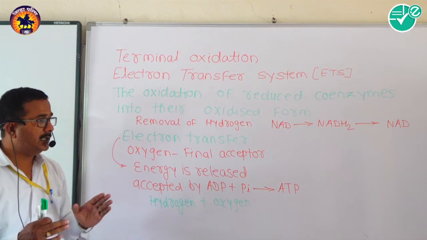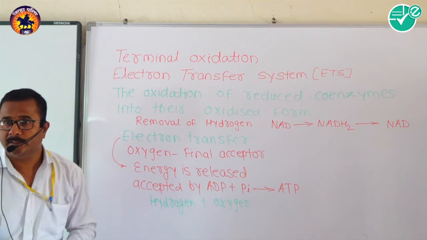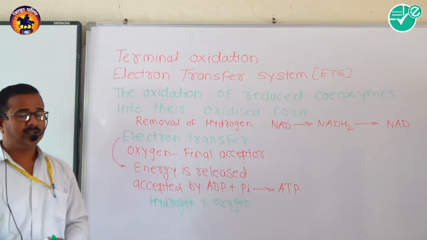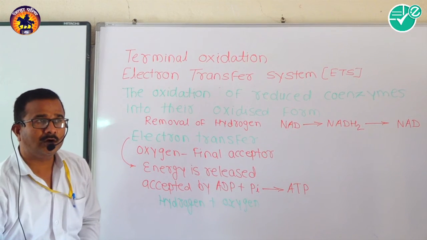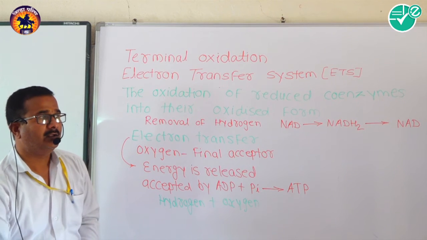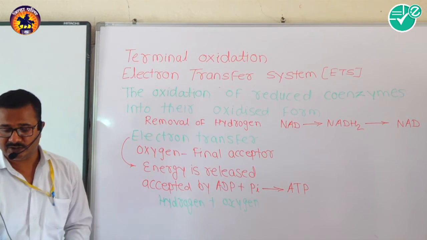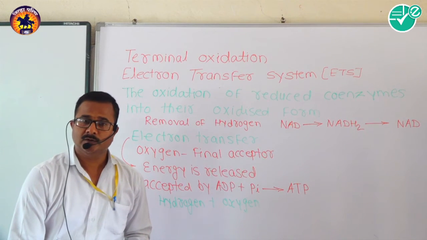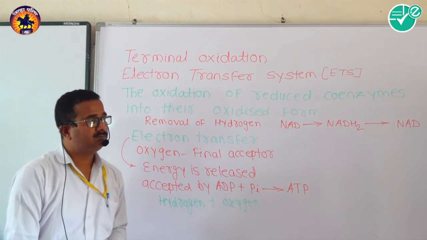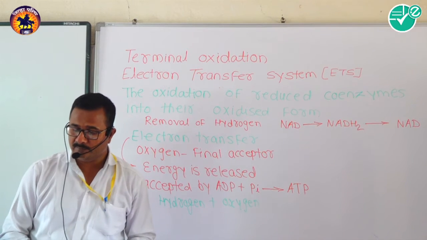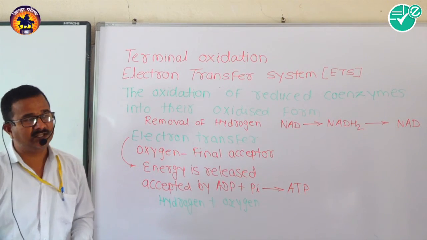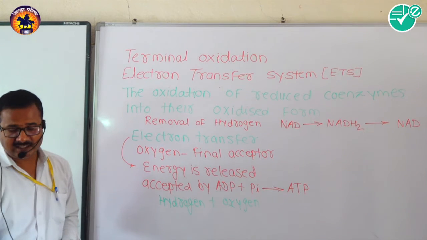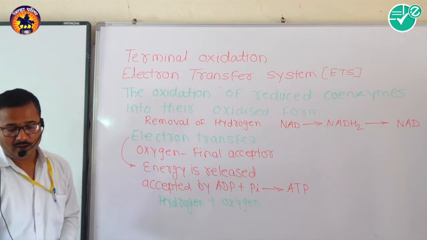So, the electron transfer system is a very important event in the process of the aerobic respiration. And therefore, here we discuss more about the electron transfer system with the help of a schematic representation of this cycle.